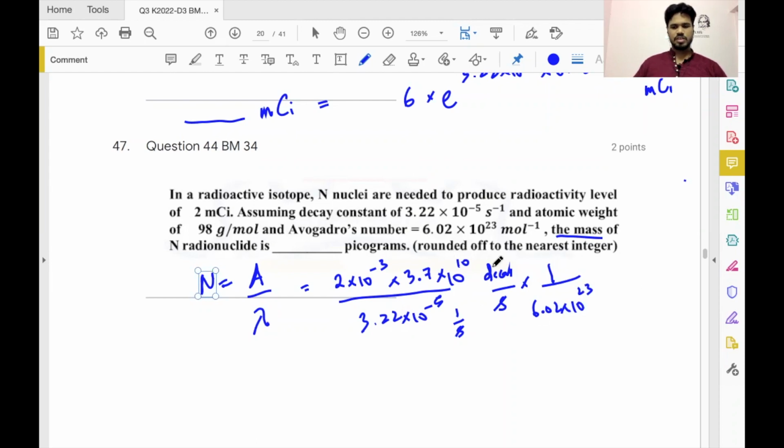If 1 mole weighs 98 grams, multiply into 98 gram per mole, so the mole gets cancelled. We want that in picograms, so 10 power minus 12 grams. Quickly, what does this number become? 374.